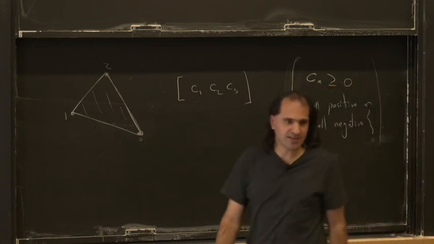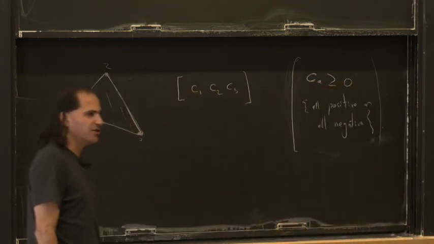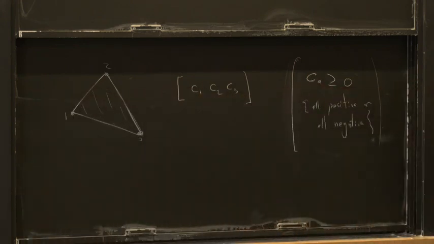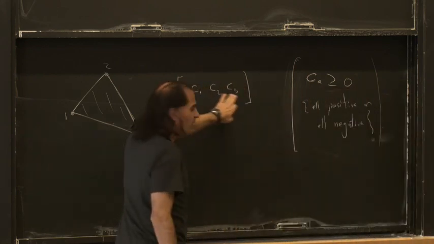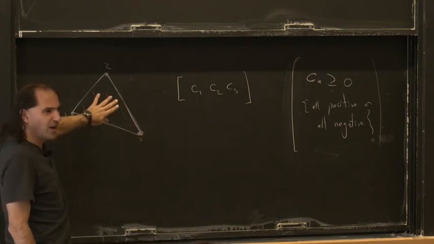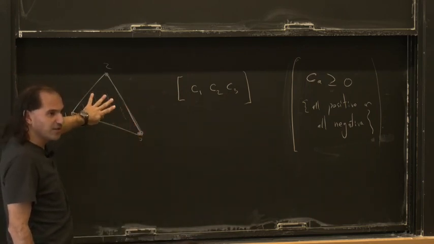So that's a notion of the inside of a triangle. The notion of the inside of a simplex, in general, is just C1 through Cn, where all the C's are positive. Remember, we're now thinking of this as a 3-vector, and we're thinking about it projectively.